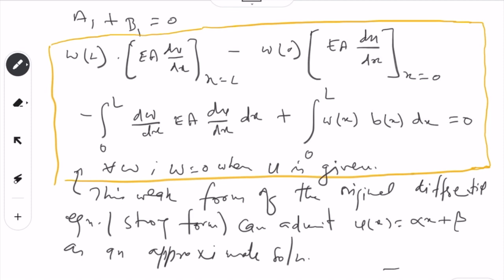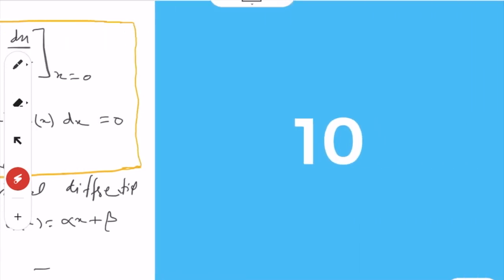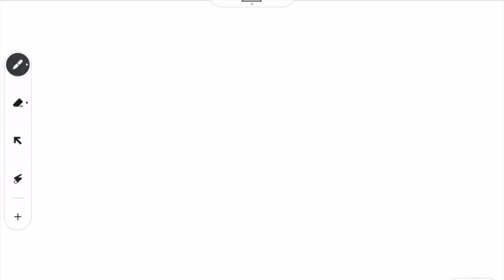Now, let us try to solve a problem with approximate solution. We will use this weak formulation, and we will use the same example that we solved earlier. So our example is this. This is the bar, and this is body force, which is B naught, and we do not have any force at the end.